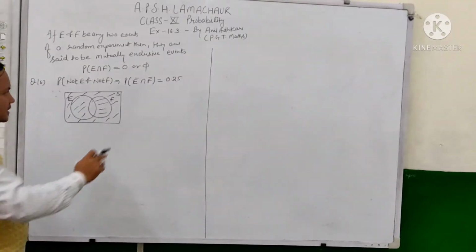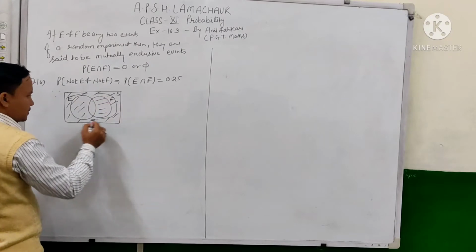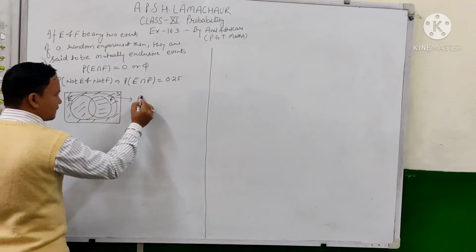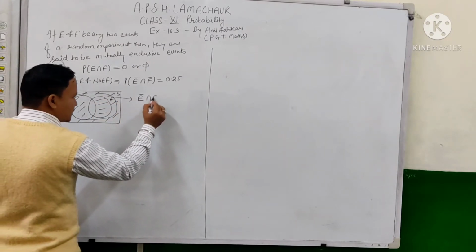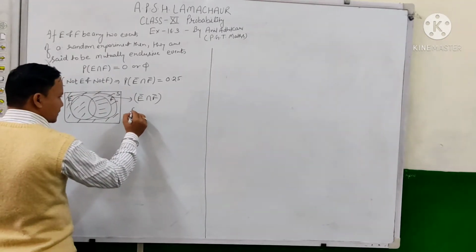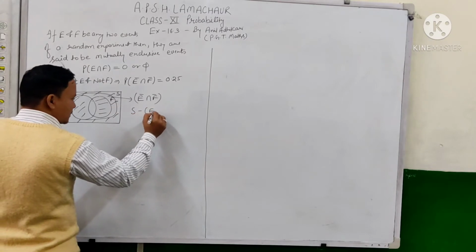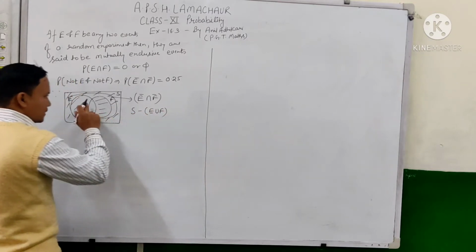On taking the intersection of these two events, we get only the outer portion, this one. This is called E not intersection F not. And how will we get it? By subtracting E union F from the sample space.